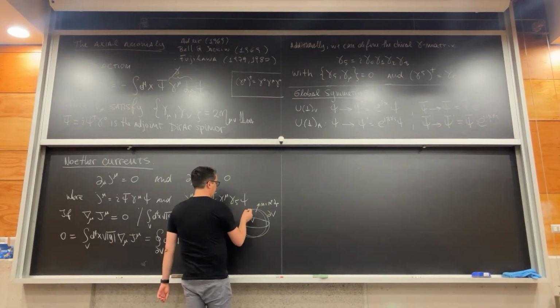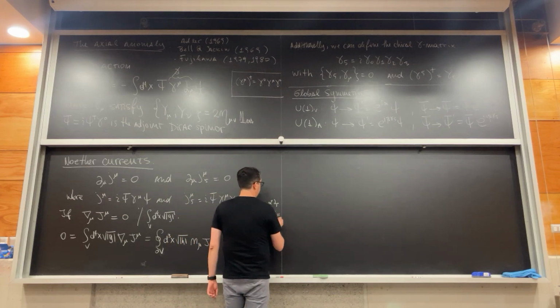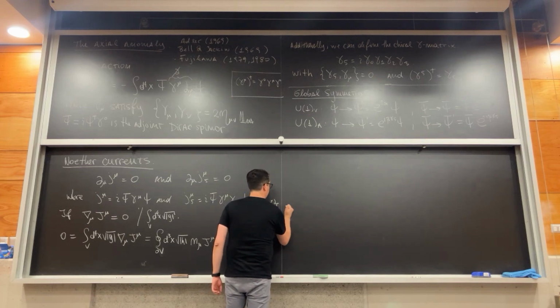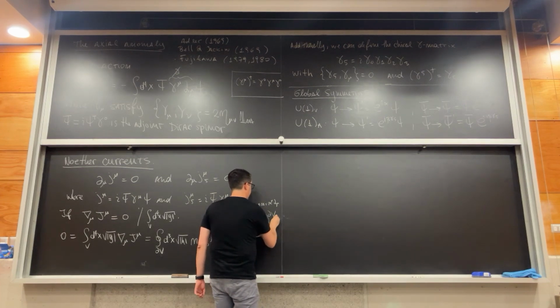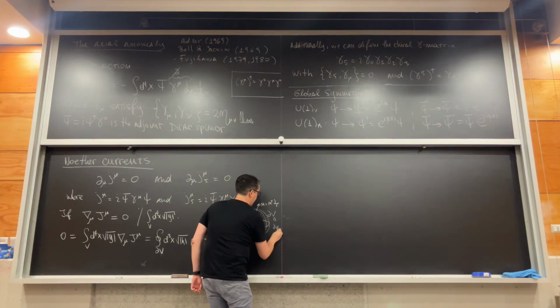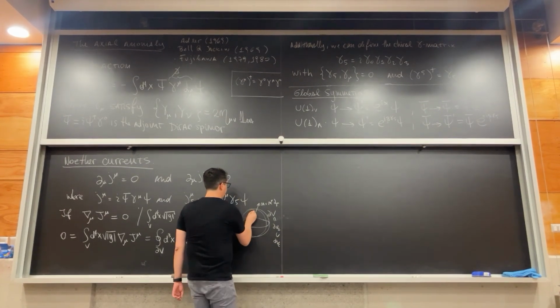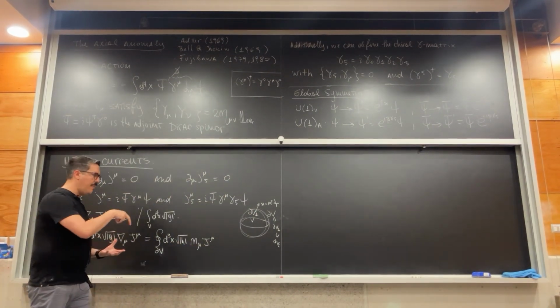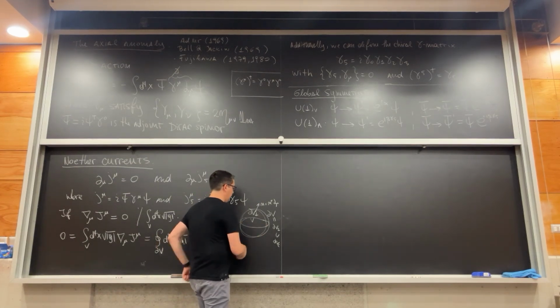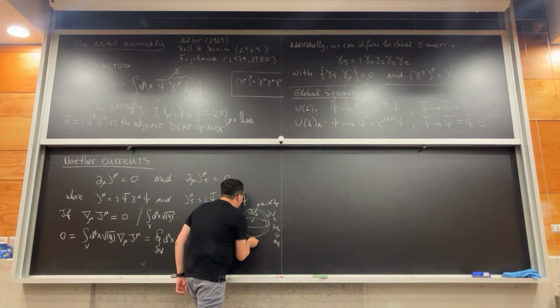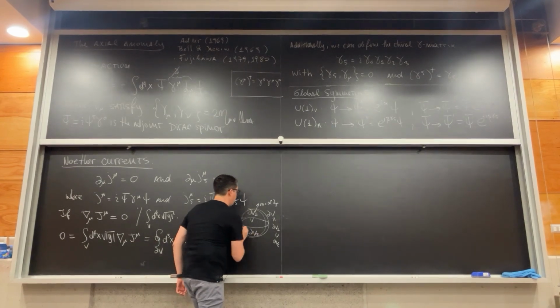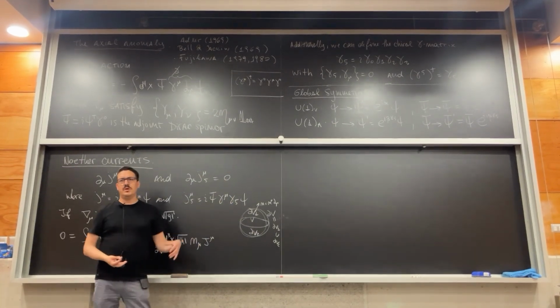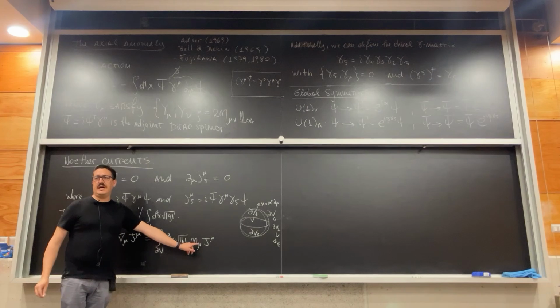So let us consider that this can be the union of ∂B1 and ∂B2, where ∂B1 will be the upper hemisphere of this boundary, and then ∂B2, and so ∂B is the union of the two. So I can separate the right hand side.